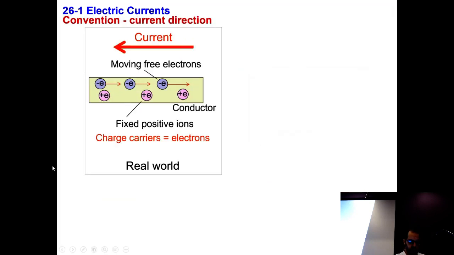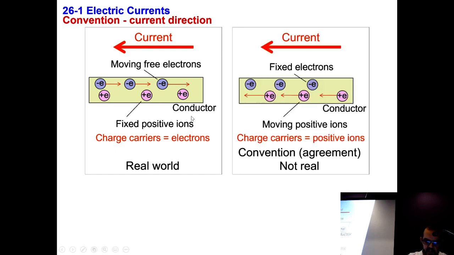This is what I was speaking about. If we have electrons moving to the right, we take by convention the current to be flowing in the opposite direction. We know that really the positive protons do not move. They are fixed to the nuclei, and the charge carriers are really free electrons. This is the real world. Now, instead of saying electrons are flowing to the right, we say positive charges are moving to the left, which is opposite to what is really happening.